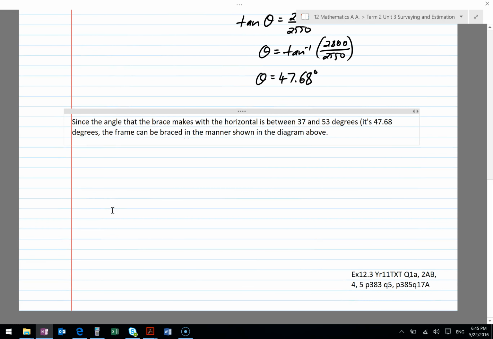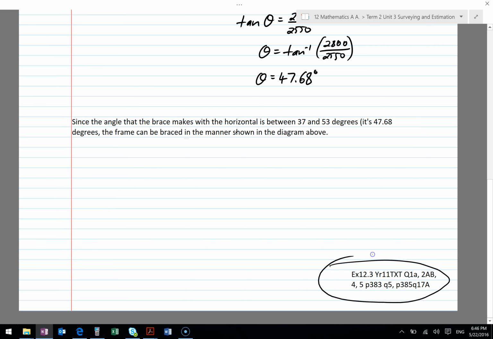So in the next lesson there'll be a lot more problem solving around braces, but in the meantime, have a go at those problems.